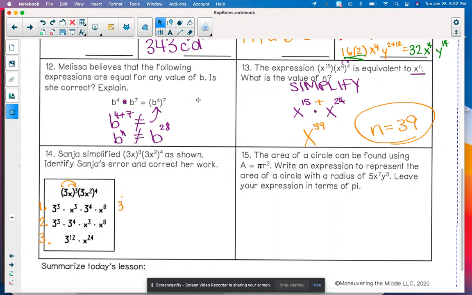The second step, she groups the like bases together. So we got 3 cubed and 3 to the 4th. And then she does x cubed, x to the 8th.